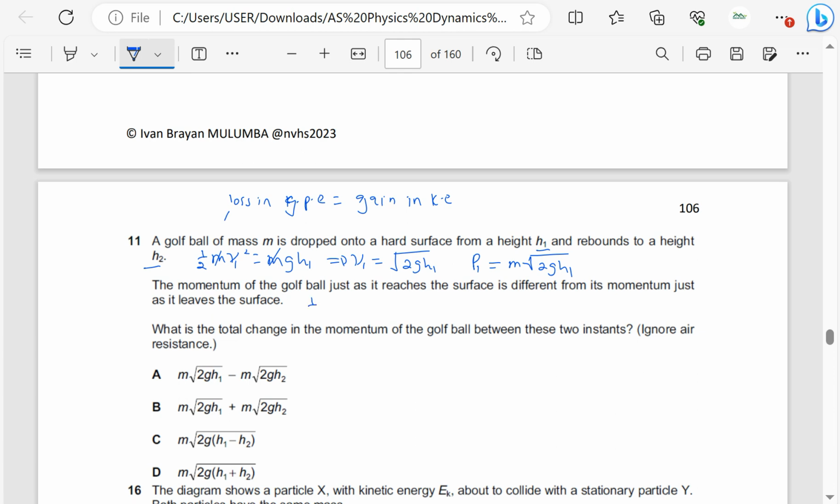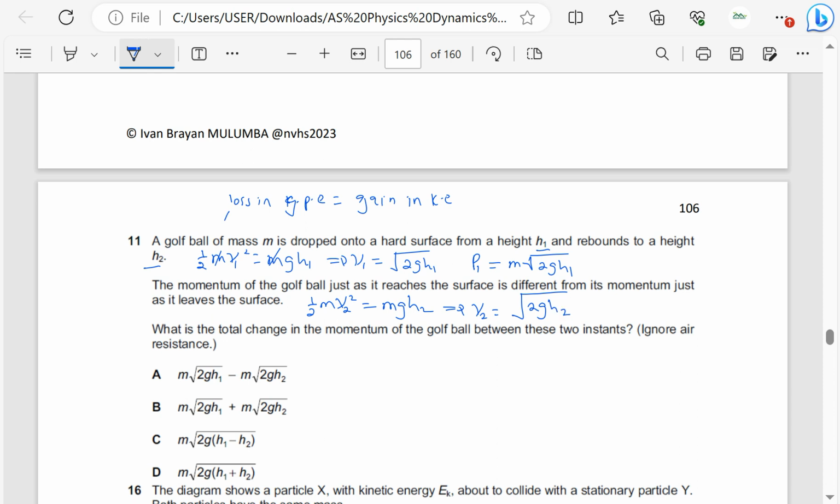So the loss in kinetic energy, 1/2 m v2 squared, is equal to the gain in potential energy, m g h2, where h2 is the height to which it rises. If I make v2 the subject, v2 is again the square root of 2 g h2.